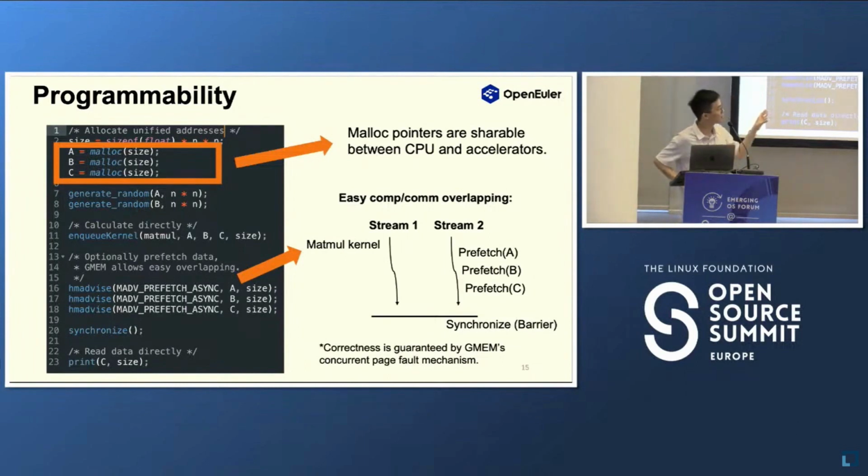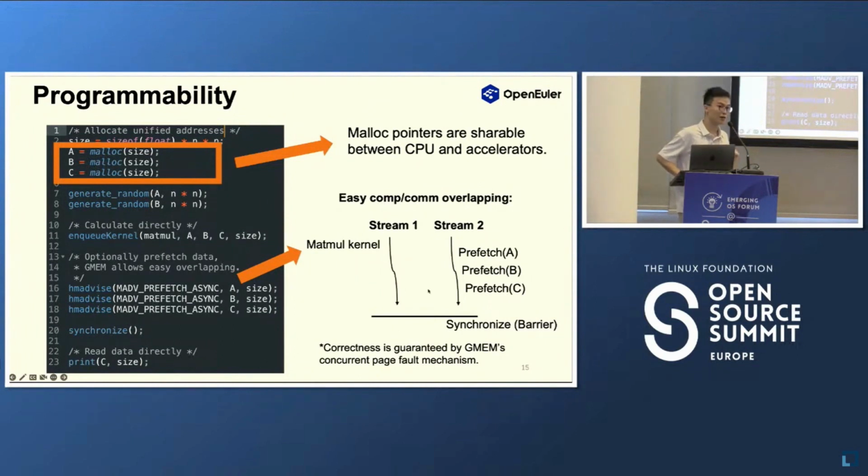Looking at the right diagram of the slide, GMEM presents an easy overlapping between the communication and the computation, because there are two streams. One stream is calculating the matrix multiplication. The other stream is prefetching the data. You don't need to worry about the order, like whether the data prefetching of A, B and C is executed before the matrix multiplication.